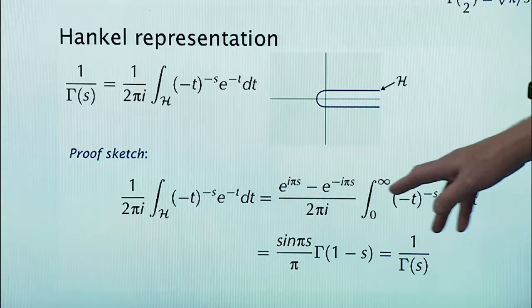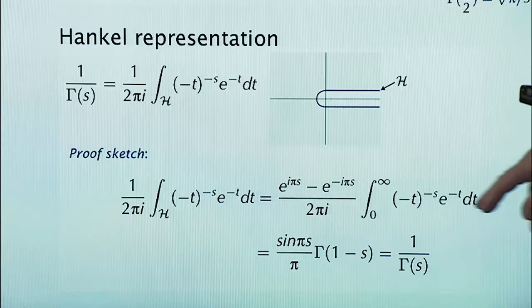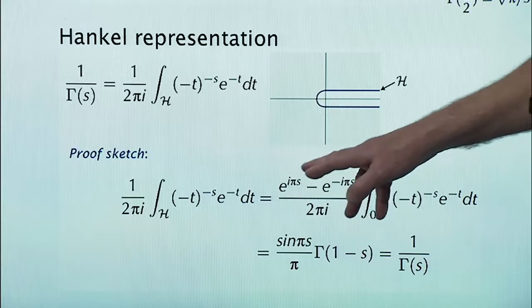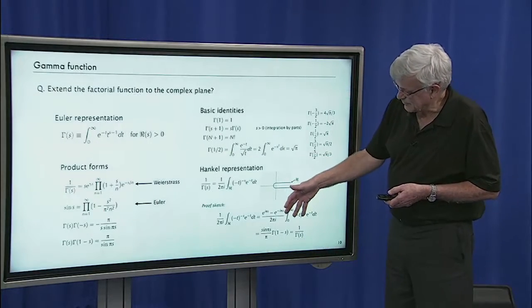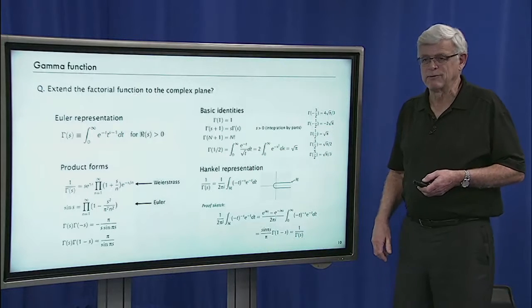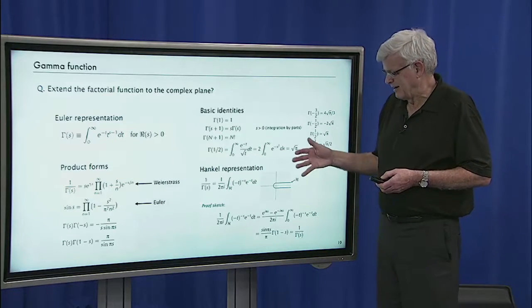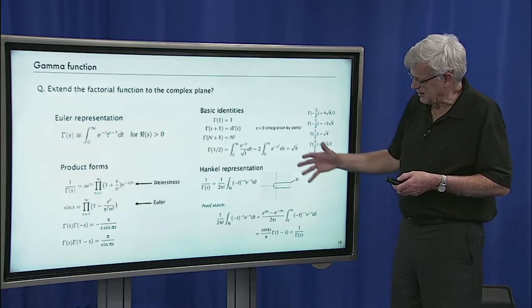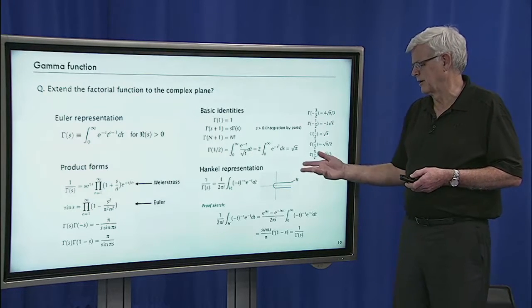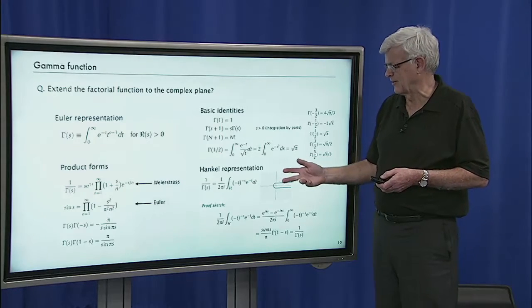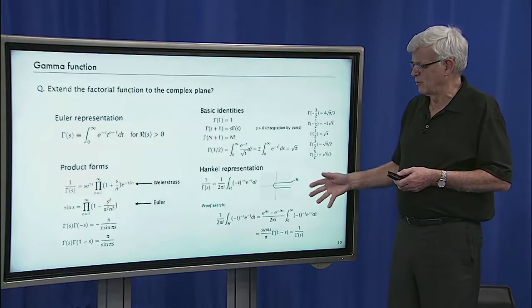And that integral is gamma of 1 minus s, and the other one, that's the definition of sine pi s over pi. And so from the reflection formula, you get back 1 over gamma of s. Now, it's not my point to prove all of these things, but this is a key formula that we use in singularity analysis, so that's why I pointed it out.